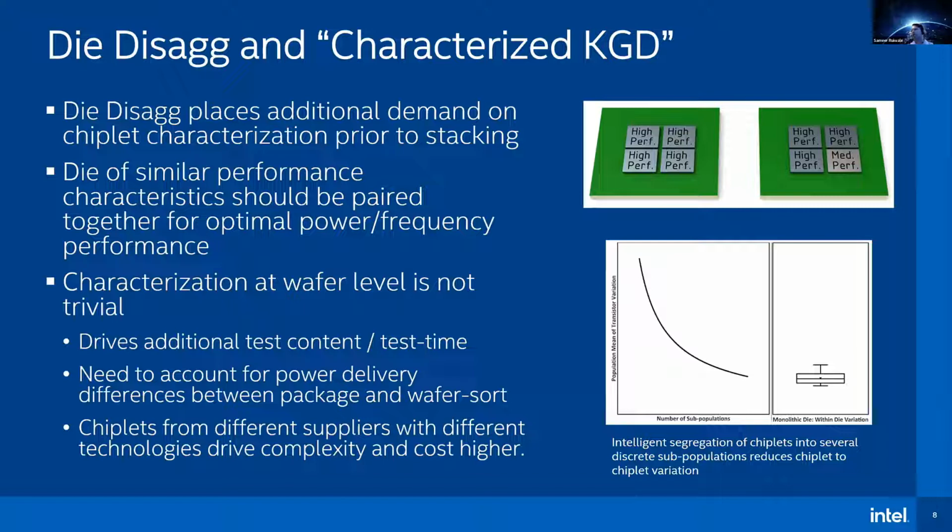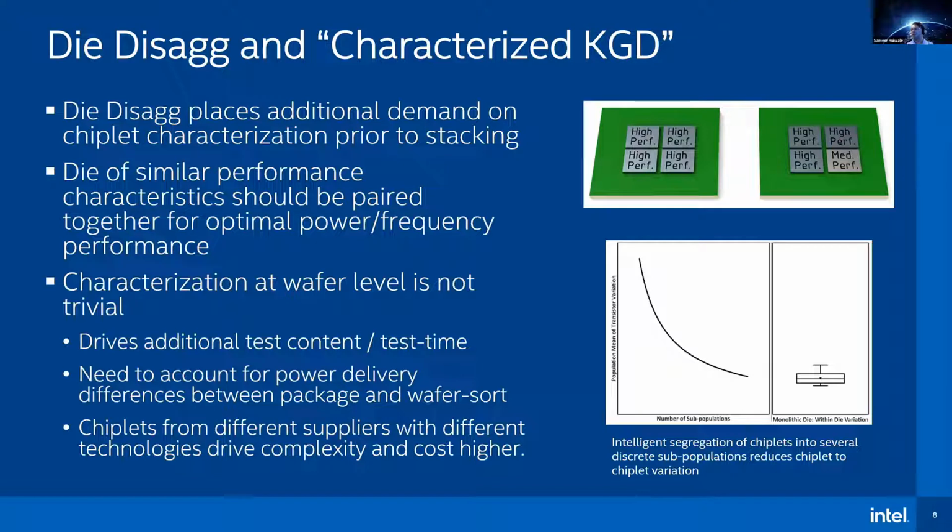The chart below indicates this concept of populations of chiplets. The more subpopulations we divide disaggregated die, the better pairing we can get, and we reduce our chiplet to chiplet variation and are able to do intelligent pairing.